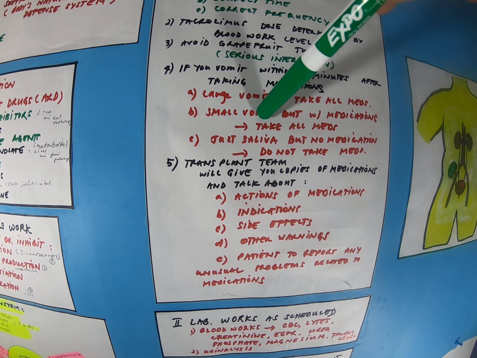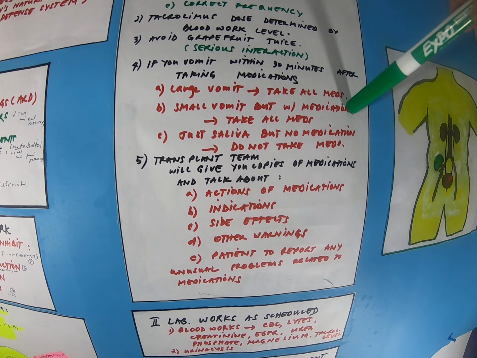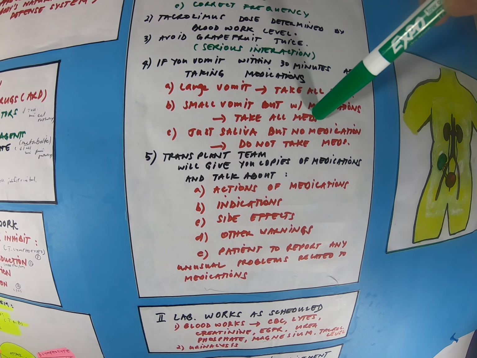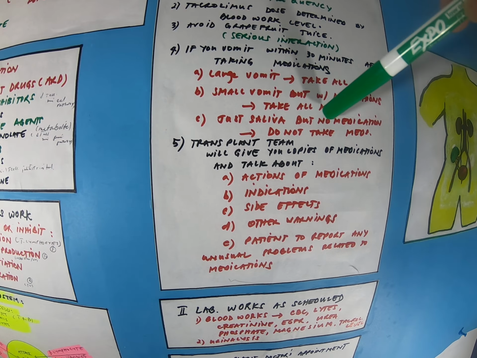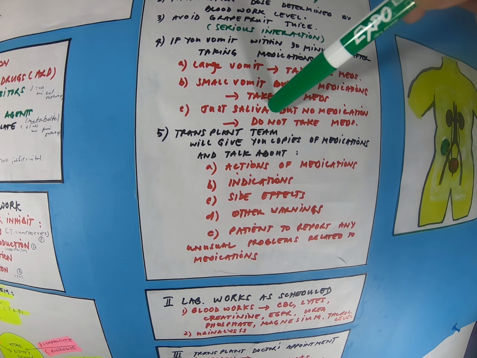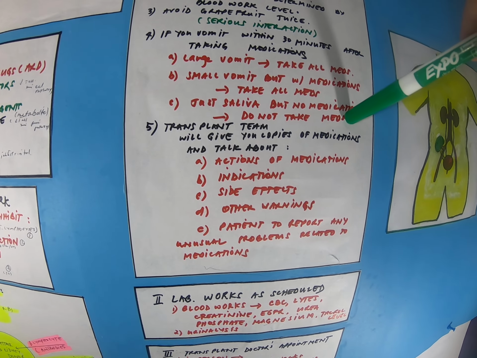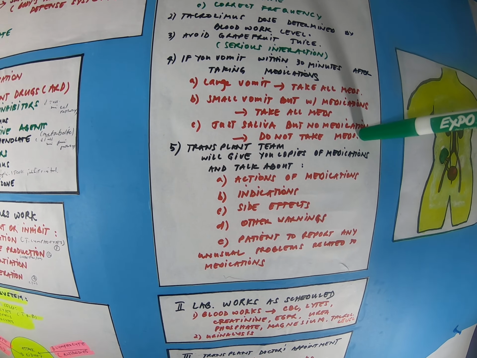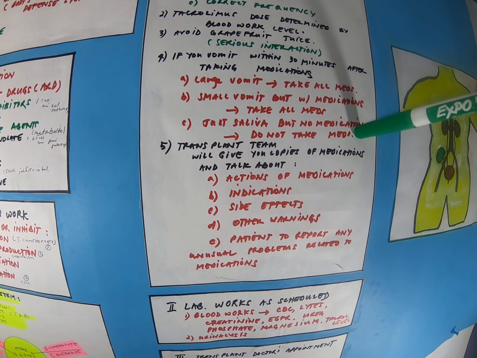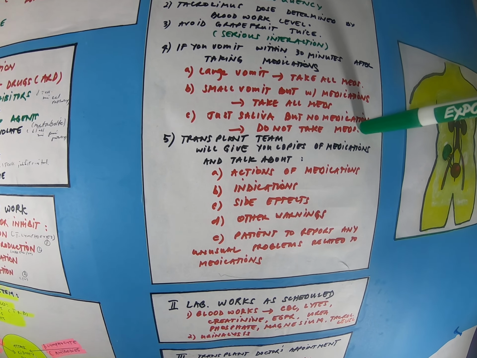If you vomit a small amount, but your medications are mixed with the vomit, take all your medications again. If you vomit saliva and you do not see your medications with the saliva, do not take your medications. You wait for your next schedule to take your medications.